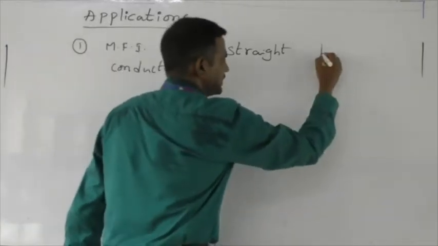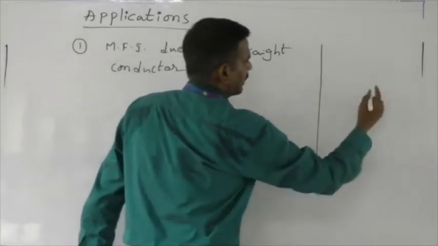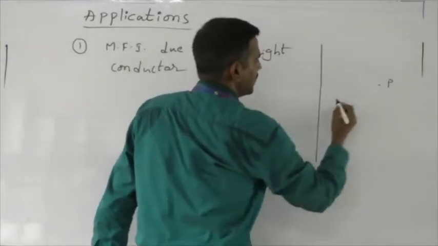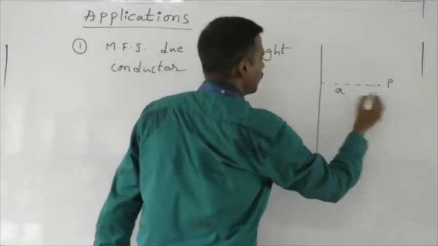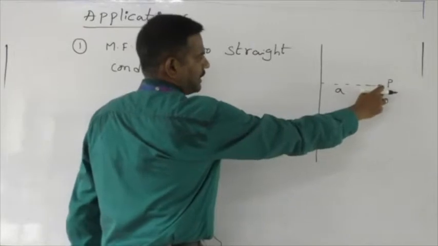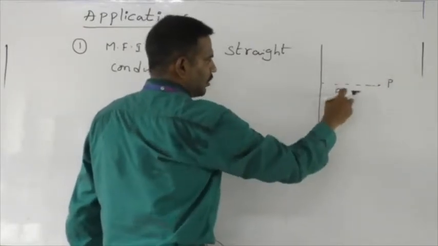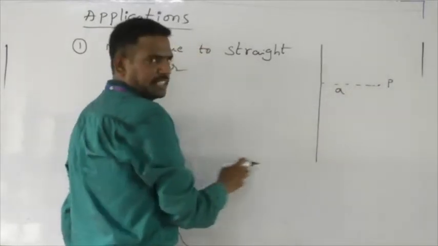Let us suppose this is one straight conductor and there is a point P here which is at a perpendicular distance of a from the straight conductor.